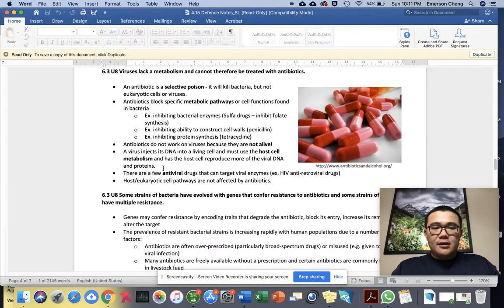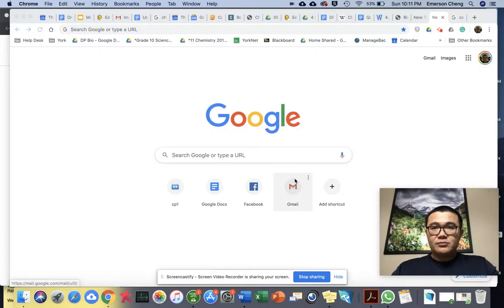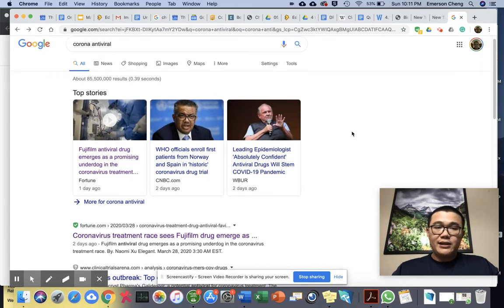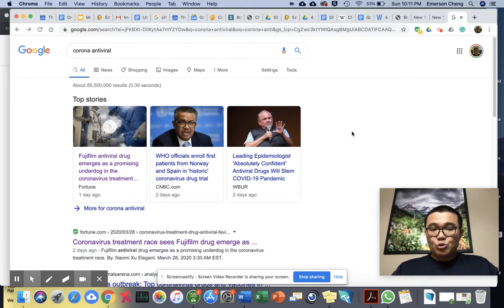So antibiotics don't work on viruses. There are antiviral drugs that can target viral enzymes. HIV antiretroviral drugs, we'll see that a little bit later on. Right now, for coronavirus, they're trying to develop an antiviral medication.